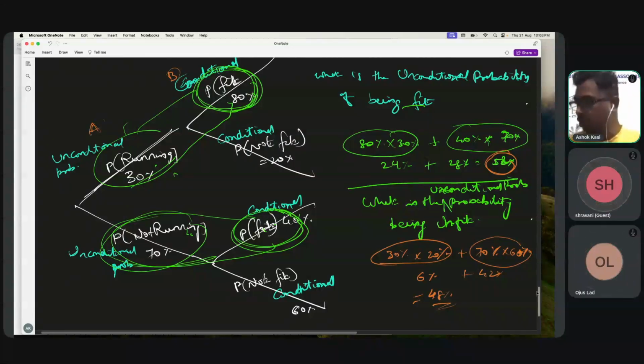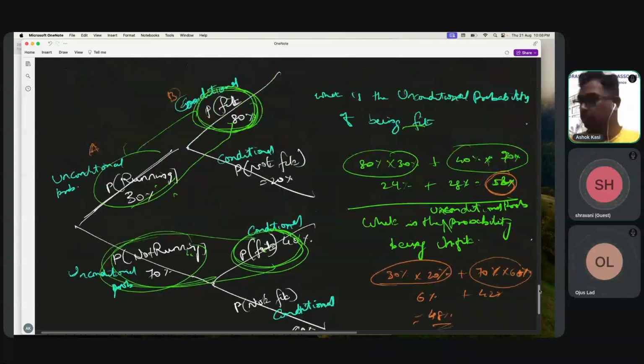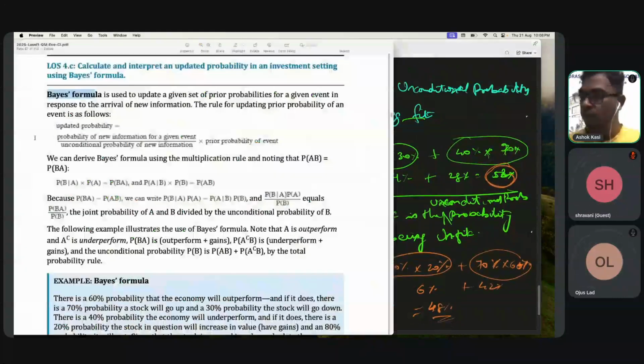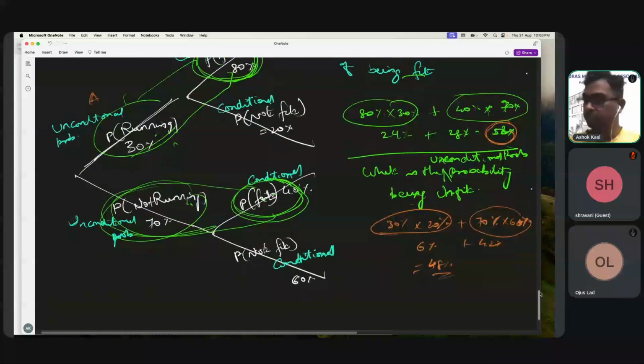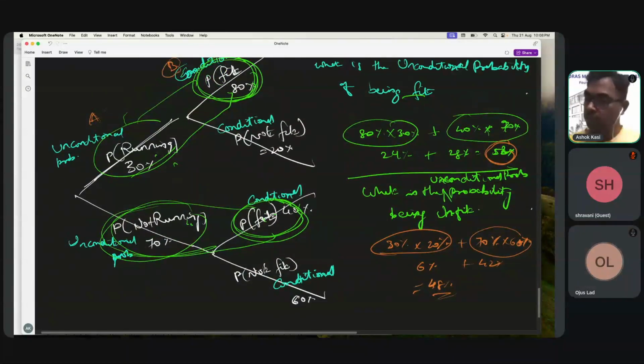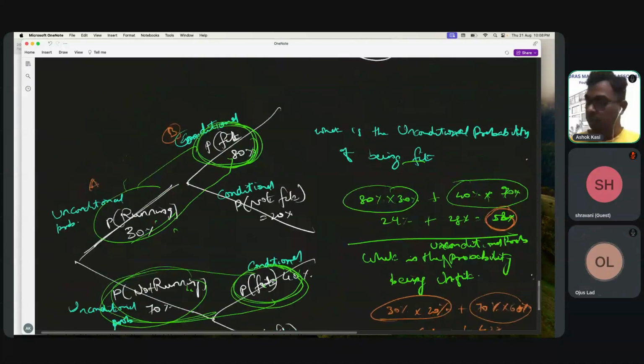Now Bayes theorem, or Bayes formula, says this one only. Here in this case, B is happening given A happens. This is written like this.